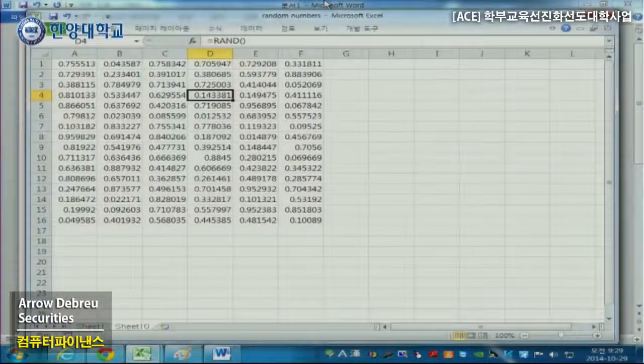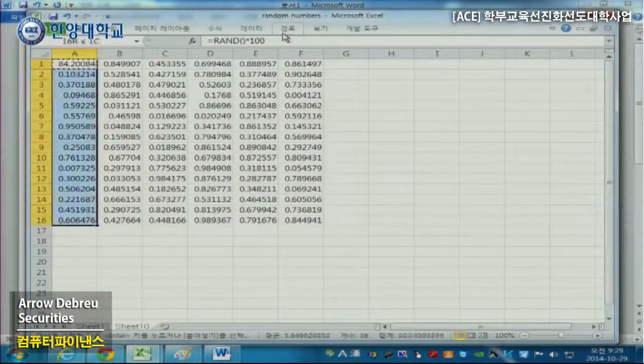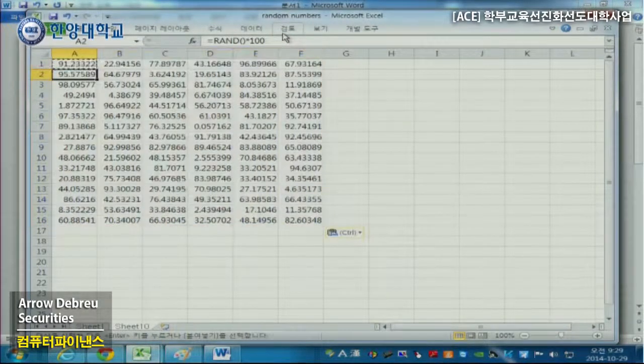Multiply this by 100? Yes, that is a good start. If I multiply this by 100, it is still a uniform distribution, and I generate random numbers between 0 and 100.